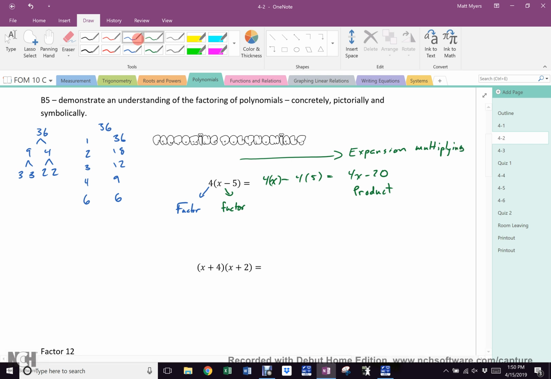So if I reverse that direction, I have what is called factoring. Now you people are intelligent people. If I reverse multiplying, what am I doing? Dividing. Everybody cool?